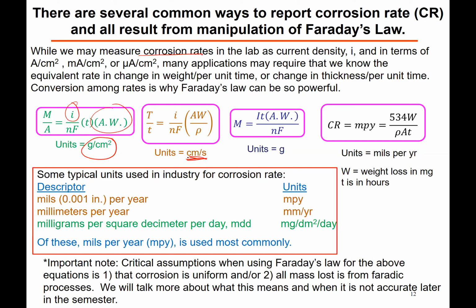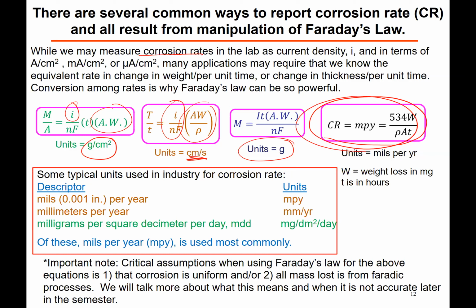And so the thickness that's changing over time, we can once again manipulate Faraday's equation, multiplied by the weight divided by the atomic weight divided by the density, or we can calculate the mass over time. And so you could see here that these equations are just related to each other by moving around the variables.